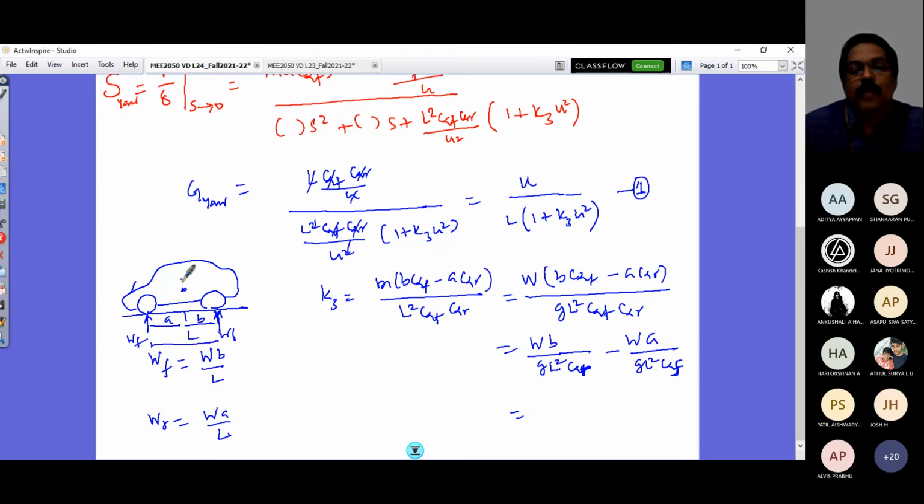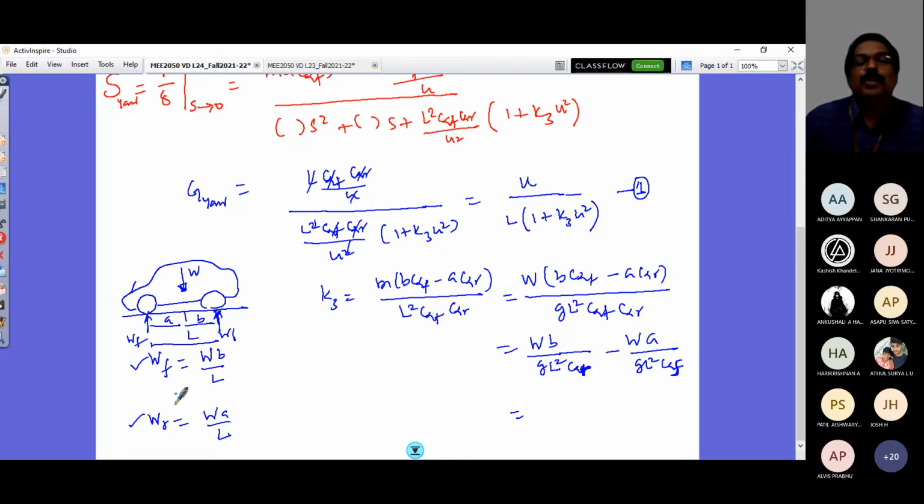I can represent this by simply taking moment. So if this is W, I would be able to express W F as W B by L and W R as W A by L simply by taking moment about this point. Taking moment about the front axle interaction with the road, I'll get this. So this is well known in a simple free body diagram in a static condition.